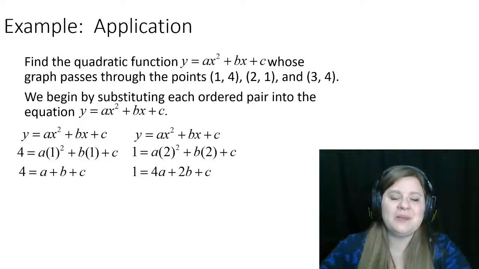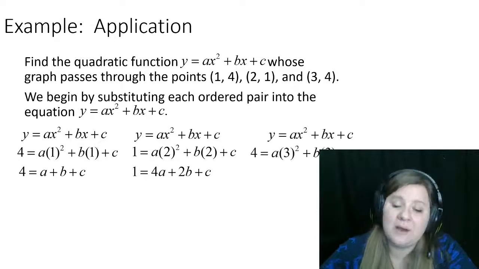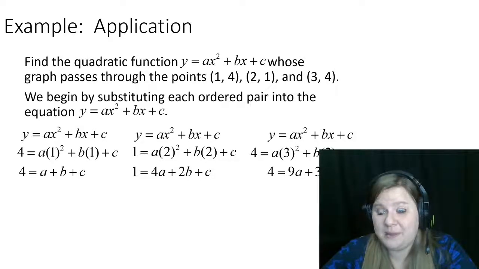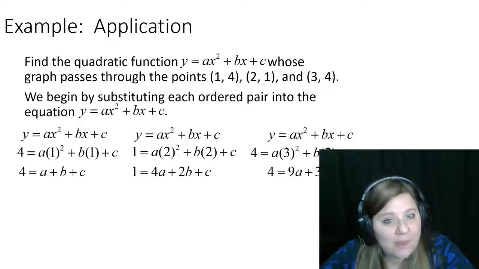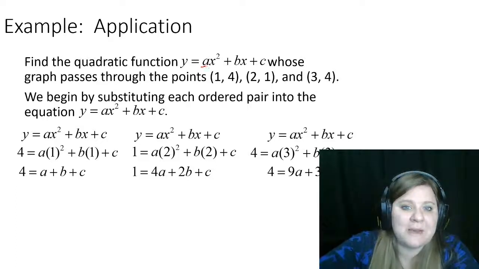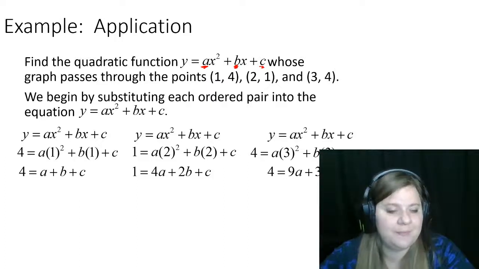Then we're going to plug in our last point. x is going to be 3, and y is going to be 4. And that simplifies down to 9a plus 3b plus c equals 4. Now we have a system of equations, and when we solve for a, b, and c, we're going to be able to plug those back into this formula to find the equation of the quadratic.